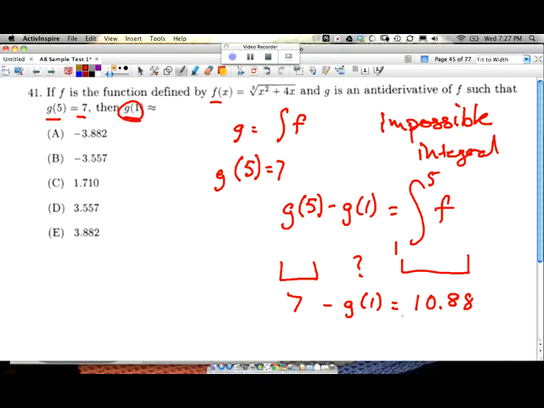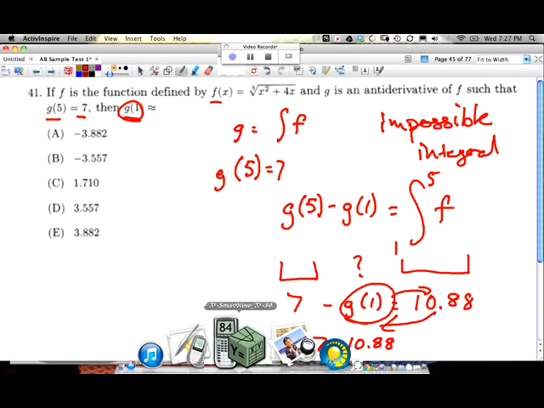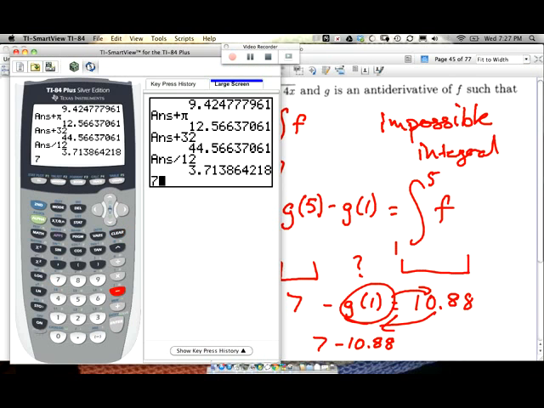At this point, you should notice something. To get g of 1 by itself, I got to move 10.88 over to the other side. 7 minus 10.88. What are you going to get? It looks like 3 point something. So let's just calculate to make sure. Clear this. 7 minus 10.88.